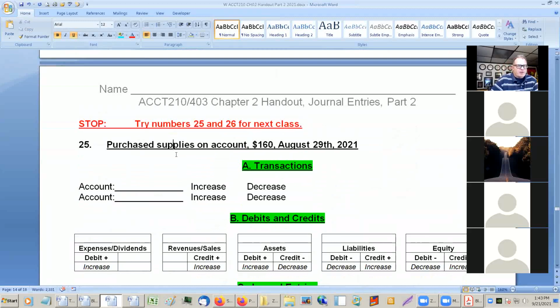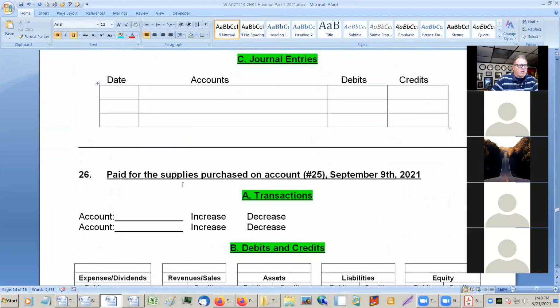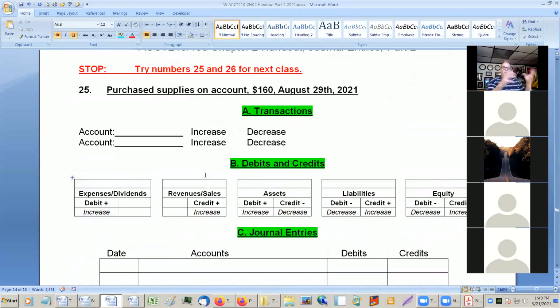On 25, you purchased some supplies on account. And on 26, you paid for those supplies. So this will kind of show you the cycle of buying something and then later on paying for it, which is very common in business, honestly. So see if you can do that one on your own.